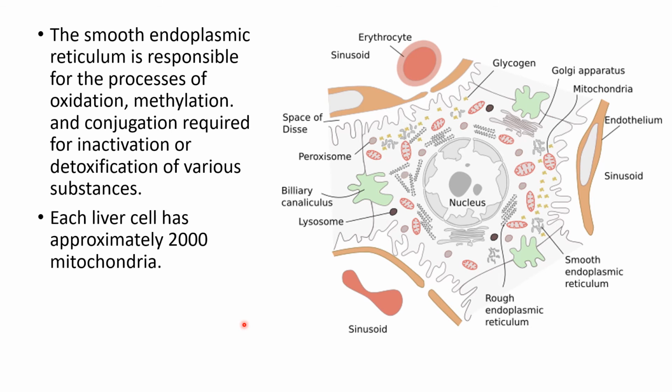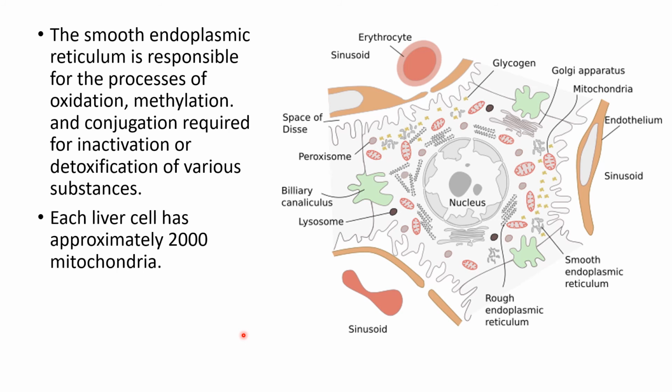The smooth endoplasmic reticulum, you can see here, is responsible for the processes of oxidation, methylation, and conjugation required for the inactivation or detoxification of various substances that have entered the system through food.